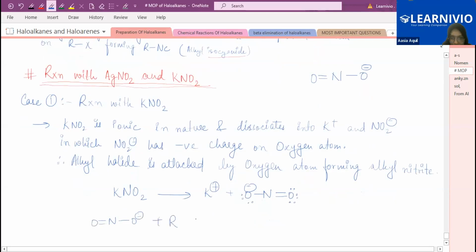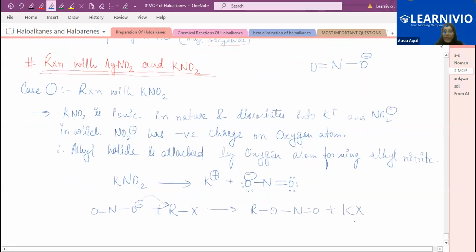When the alkyl halide, the substrate, comes, the negatively charged oxygen attacks the carbon of the alkyl group and forms RONO plus KX. That's the reaction.